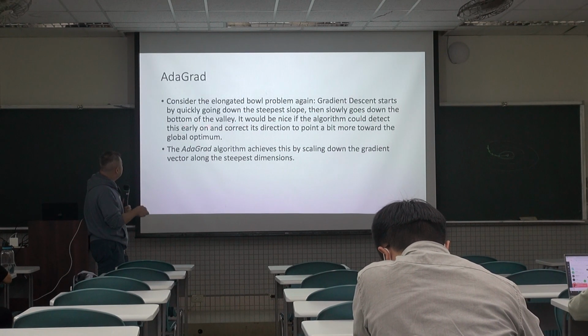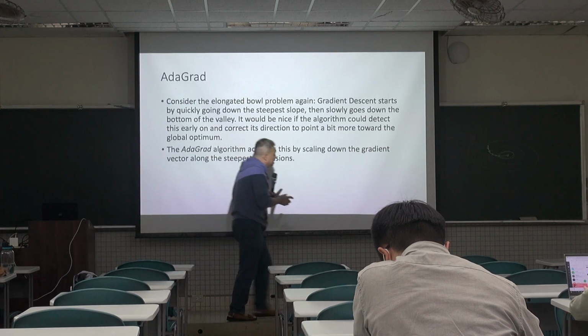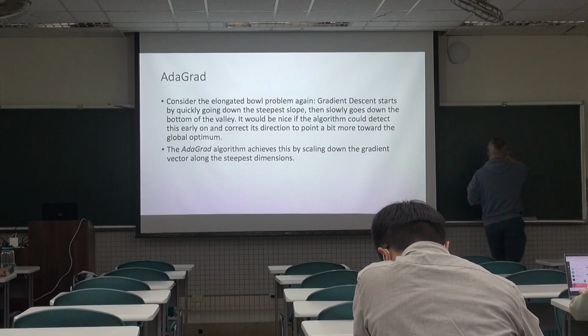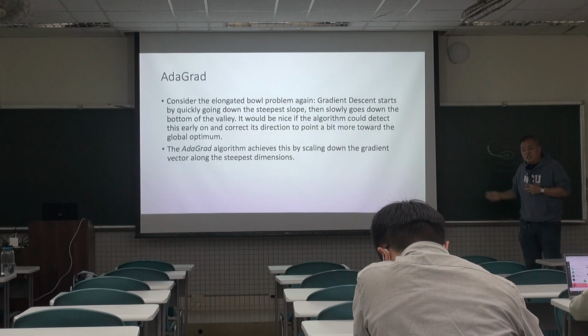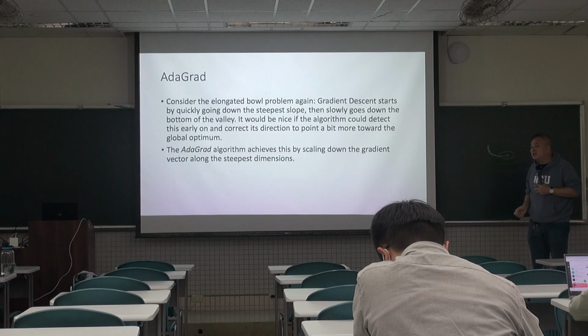Gradient descent starts by quickly going down the steepest slope and then slowly goes down to the bottom of the valley. So basically it's talking about this line. This is pretty much a curve.